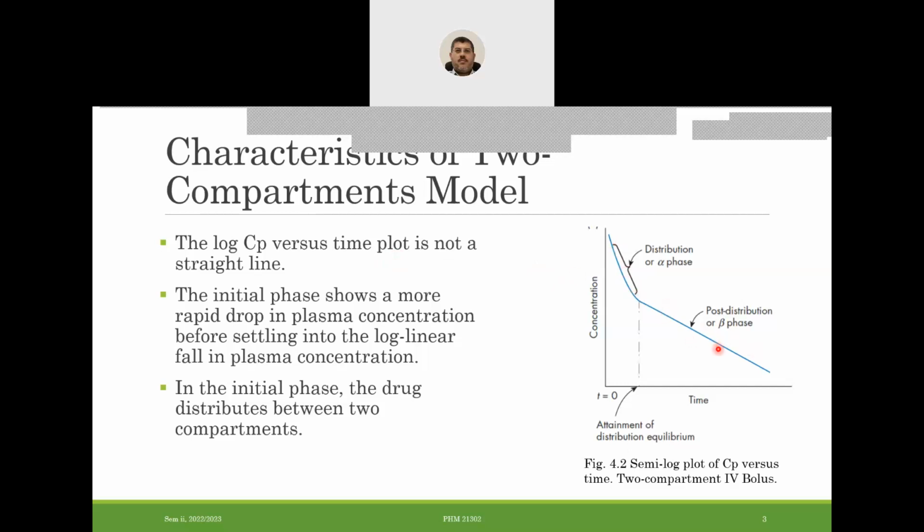The slope here is larger, which means there's a faster drop in drug plasma concentration with time in this initial phase compared to the last phase, the second phase. The initial phase shows a more rapid drop in plasma concentration before settling into a log linear fall in plasma concentration.